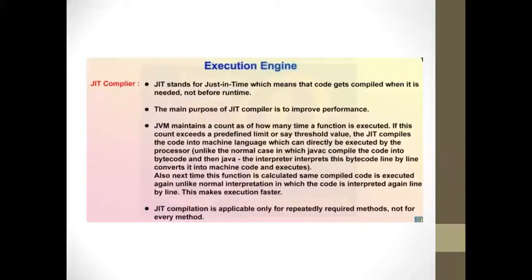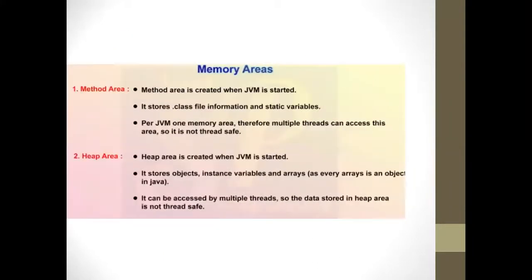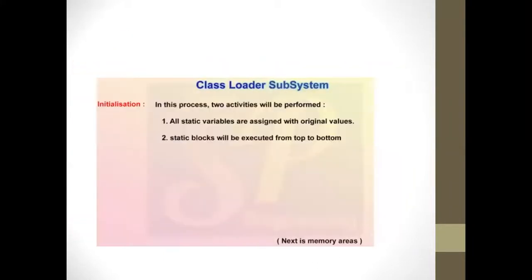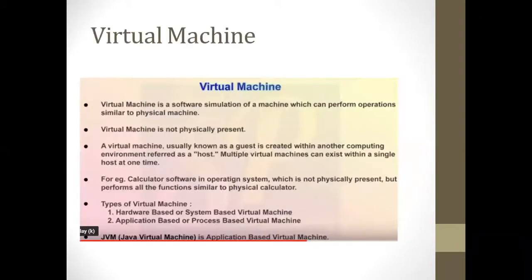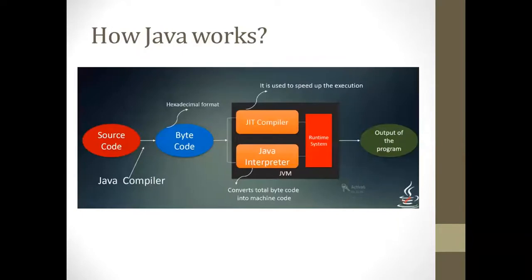So this was all about the Java virtual machine. I think it is quite interesting for you if you want to know how a JVM basically works. Just keep this particular diagram in your mind.